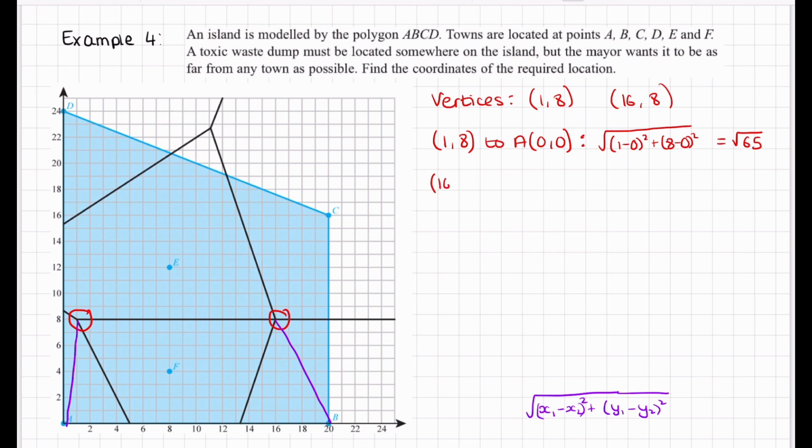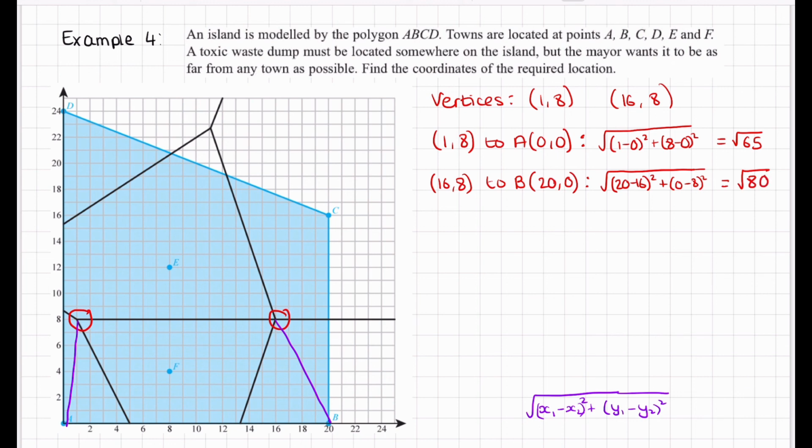And then we want to do from (16, 8), and we'll do it to B, which is at (20, 0). So we'll do (20 minus 16) all squared plus (0 minus 8) all squared, and that gives us a solution of the square root of 80.